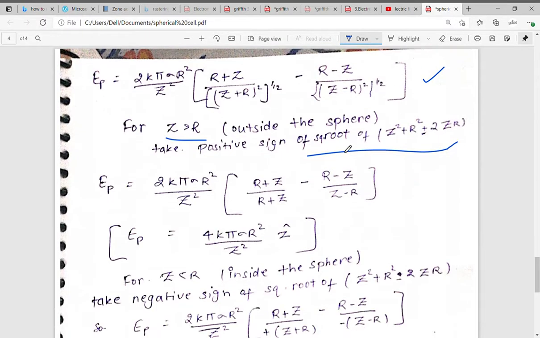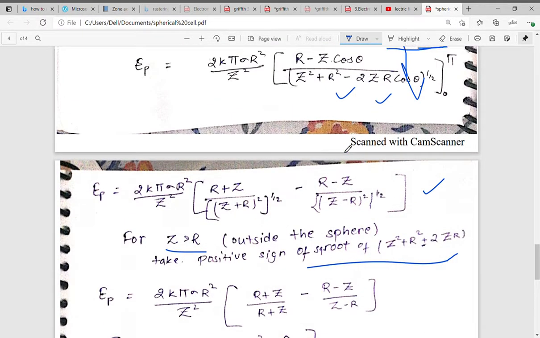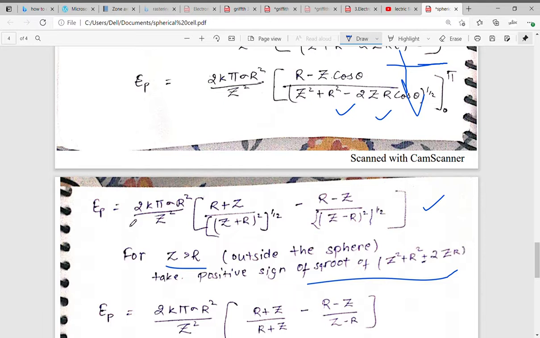So this will become 2k z plus, this becomes plus sign. So a square plus b square plus 2ab will be a plus b whole square, and this is the square root, and similarly this one.